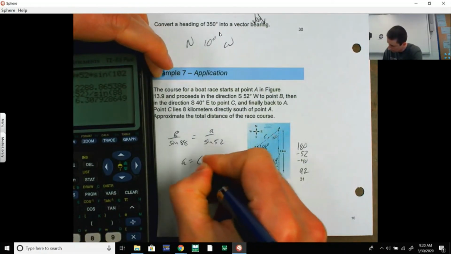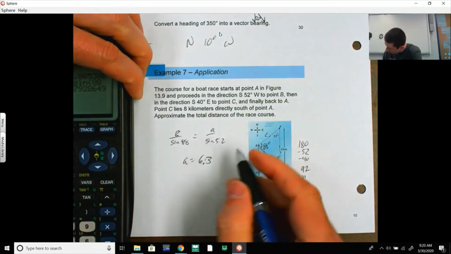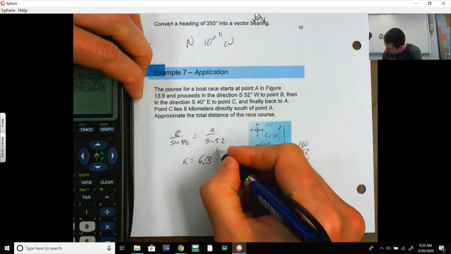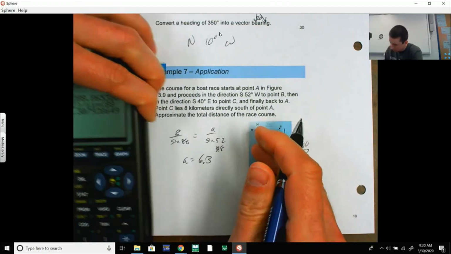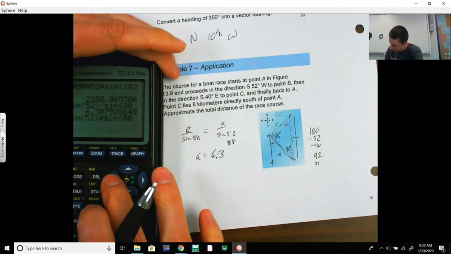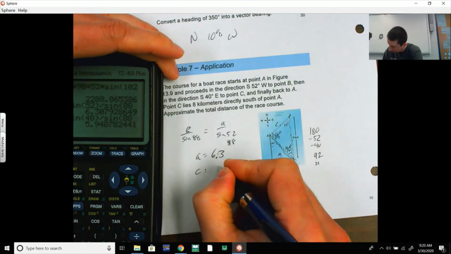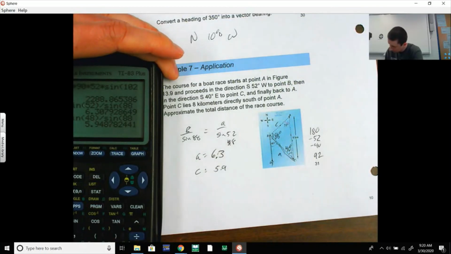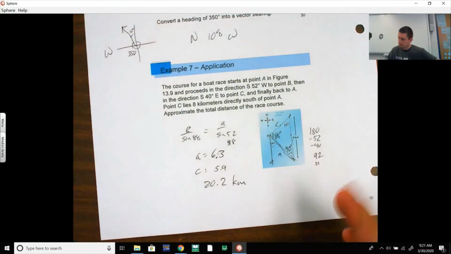So A is 6.3, and C is going to be over the sine of 48. I just need to change this to a 48, and C is approximately 5.9. So 5.9 plus 6.3 plus 8, it's about a 20.2 kilometer race.